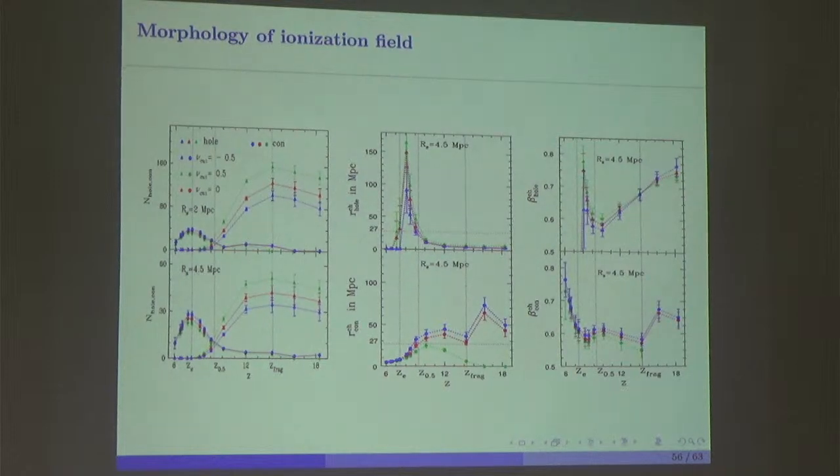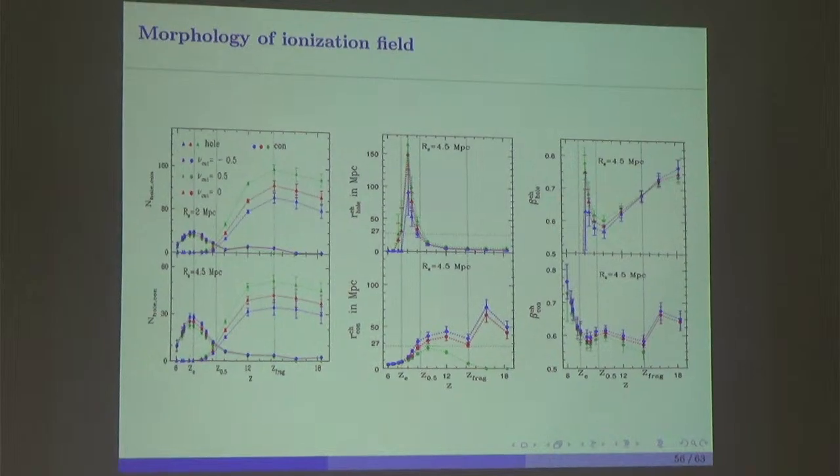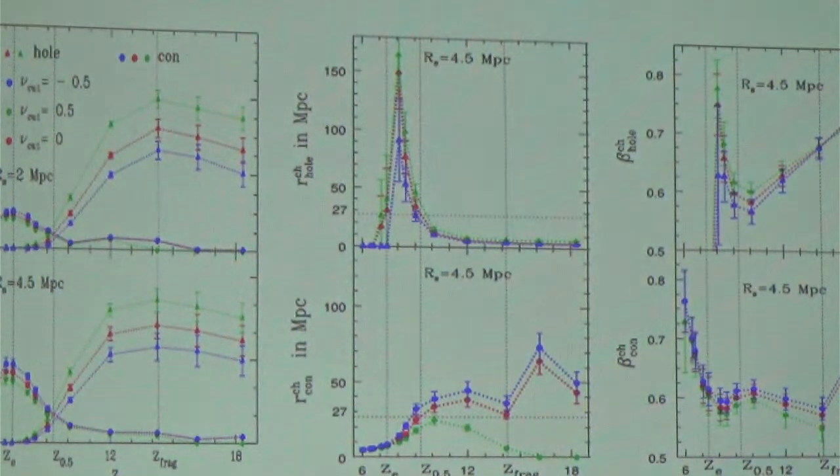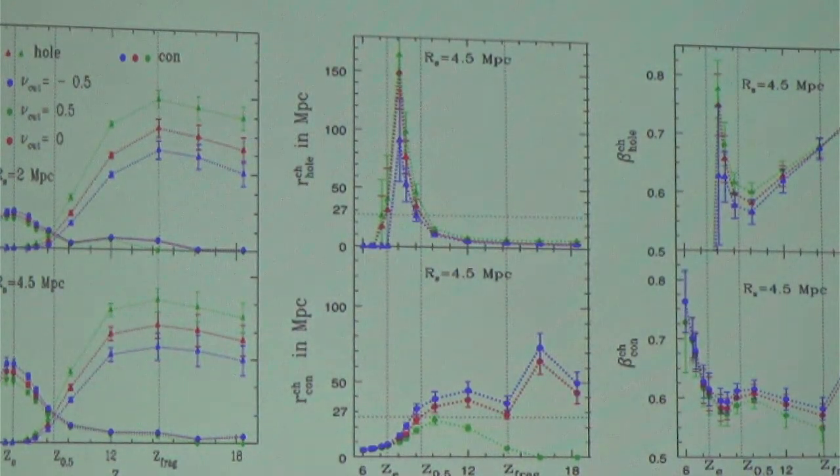There is a mild increase here because the ionization region is growing, but it does not change drastically. It only changes drastically when mergers start. It will have a peak, because after that the whole structure will fragment, everything will become ionized and only ionized bubbles will remain.